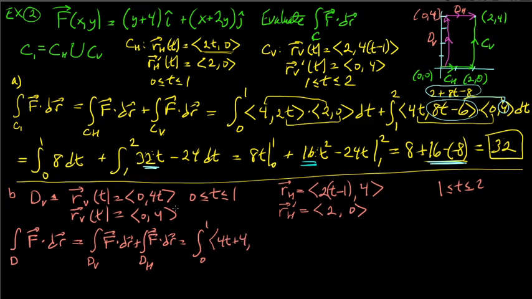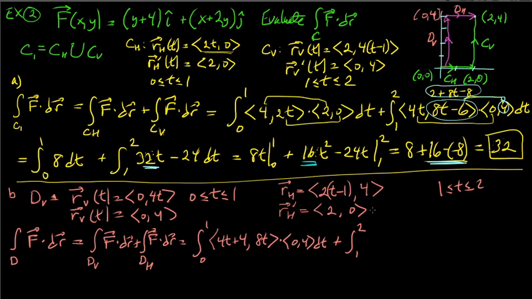And then the y component will be x plus 2y. Well, x is 0, and 2 times y is 2 times 4t, which is 8 times t. And then multiply by dr, which is 0, 4, times dt. Right. And then we're going from t equals 1 to t equals 2. So this is the horizontal part, where x is 2 times t minus 1, or 2t minus 2, and y is 4.